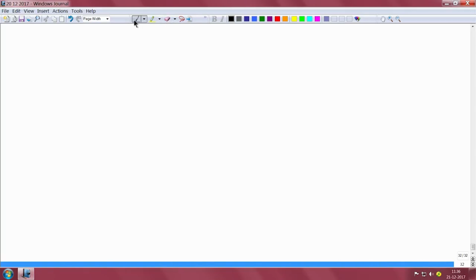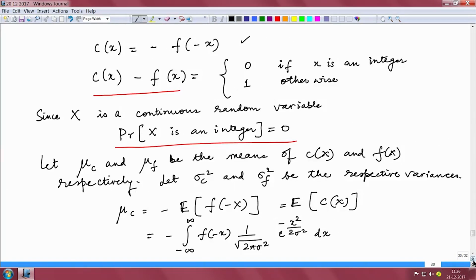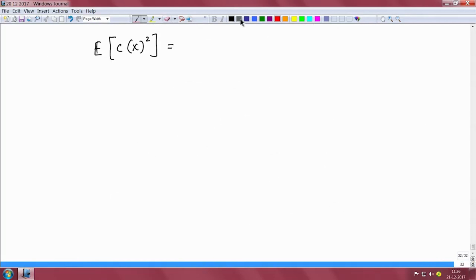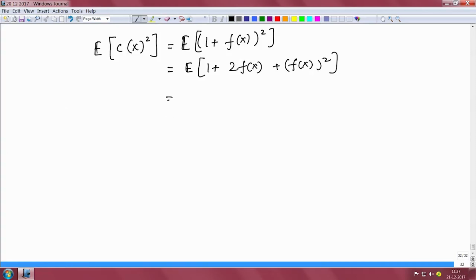Now we go on to compute the variances. For that, we compute the expectation of the ceil function squared, which is, from equation 1, equal to the expectation of (1 plus f of x) the whole squared, which is equal to the expectation of 1 plus 2 f of x plus f of x squared, which is 1 plus 2 times the expectation of f of x plus the expectation of f of x squared.